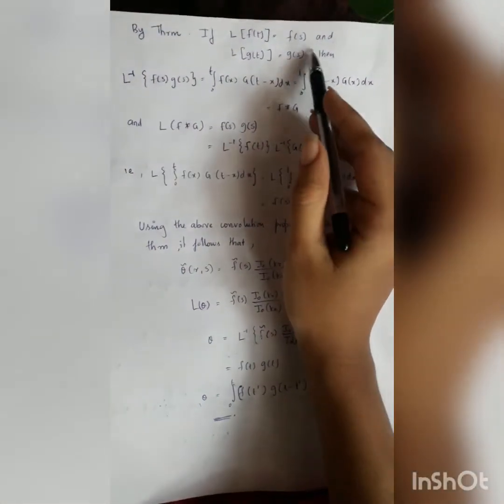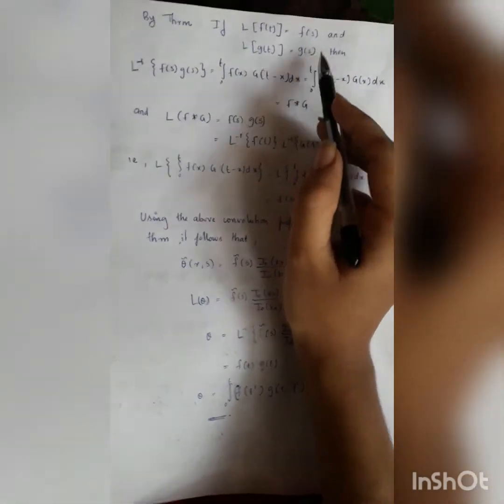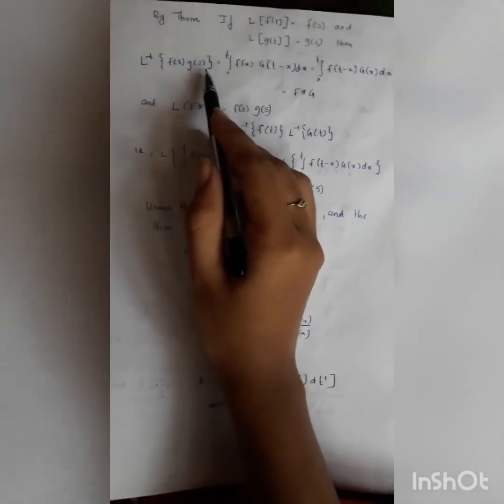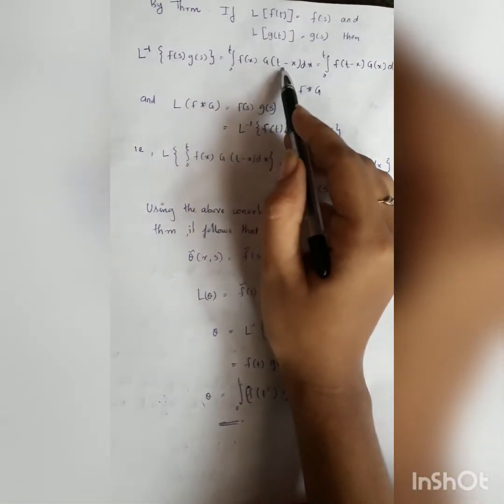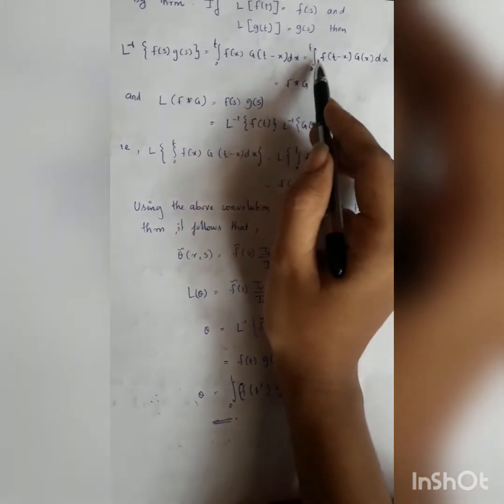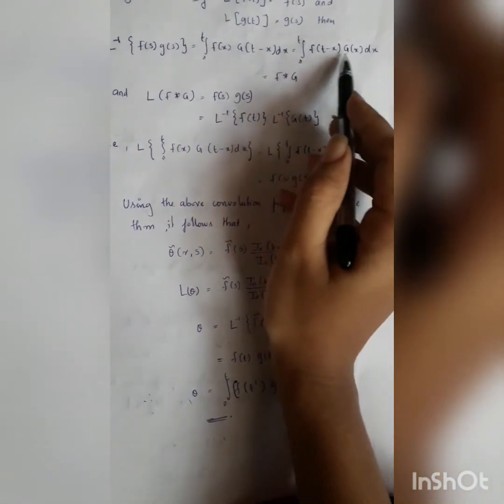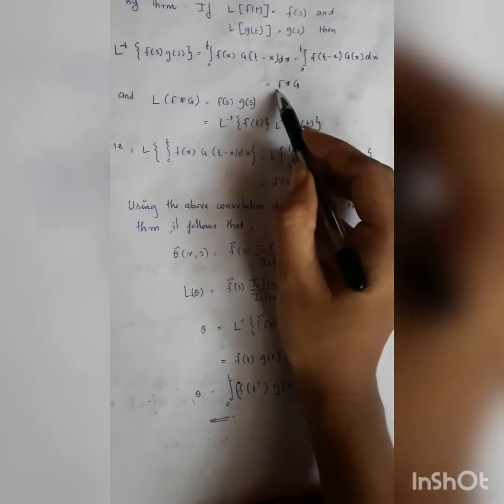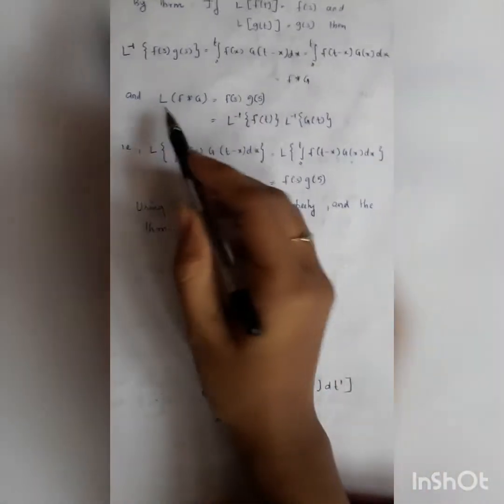Now by the theorem, if L of f of t equals f of s and L of g of t equals g of s, then L inverse of f of s g of s equals the integral from 0 to t of f of x into g of t minus x dx, equal to the integral from 0 to t of f of t minus x into g of x dx, which is equal to f star g.